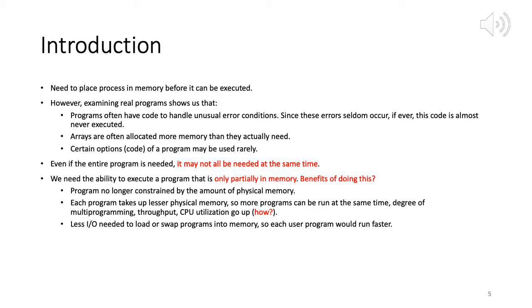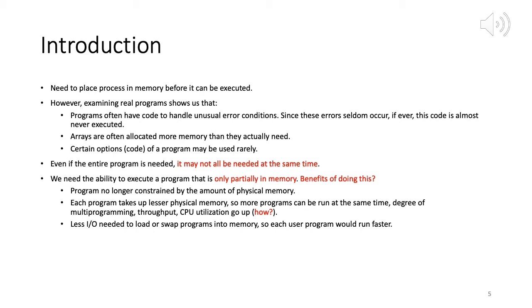Another point is that even if the entire program is needed, it may not all be needed at the same time. Perhaps as you're typing you need the I/O part, the keyboard part, or you're doing a word count, so you need some parts, but the other parts you may not need at all. Perhaps the printing part you will use only once you've written the paper.